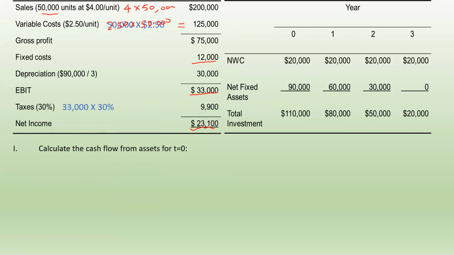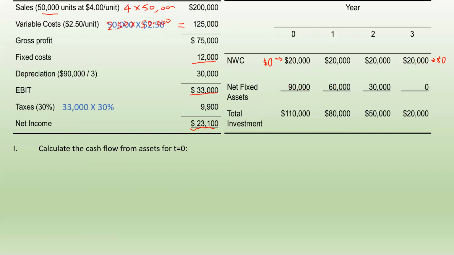When t equals 0, net working capital will increase from 0 to $20,000. And at year 3, it will drop from $20,000 to 0. And the net fixed assets is 90,000.